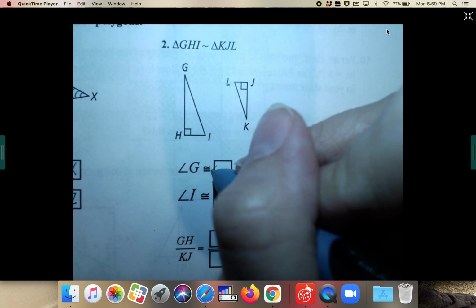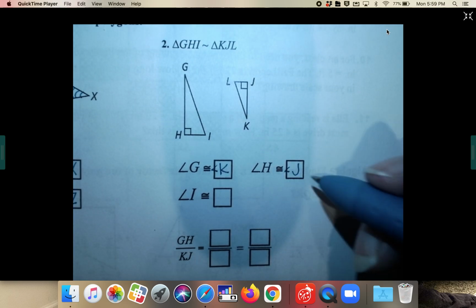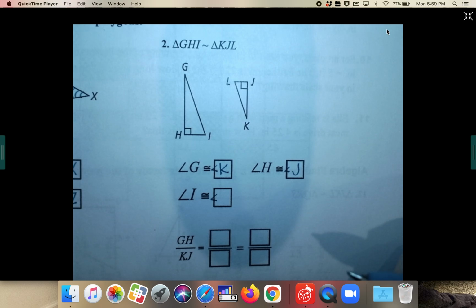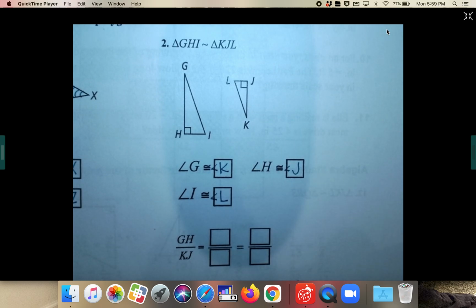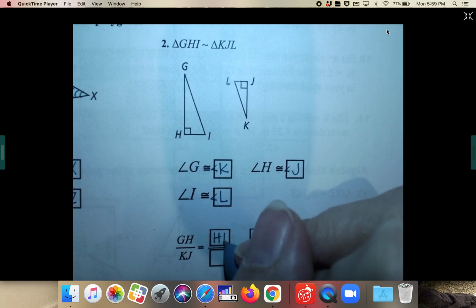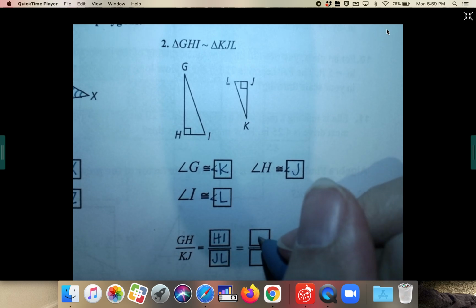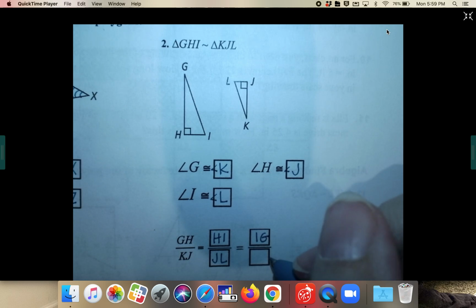Okay, angle G is congruent to angle K, angle H is congruent to angle J, and angle I is congruent to angle L. And then if you look at the matching side lengths, they are GH over KJ equal to HI over JL equal to IG over LK.